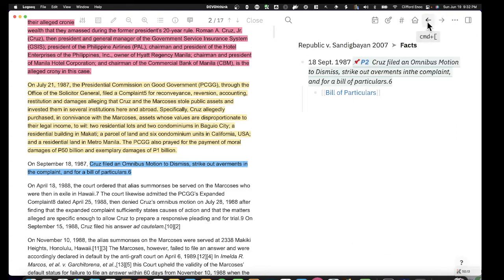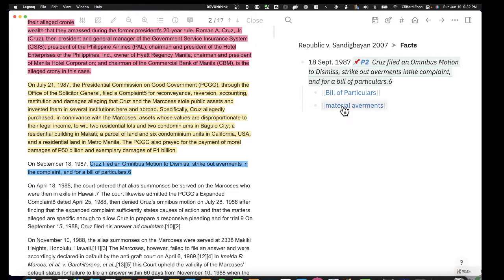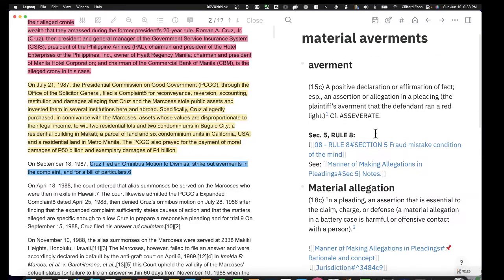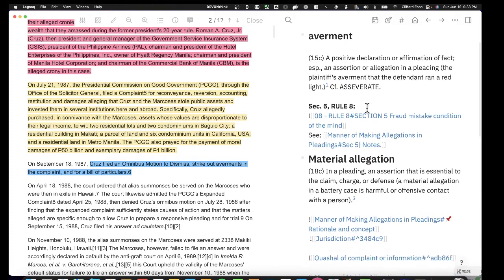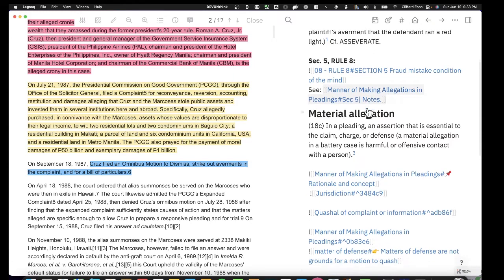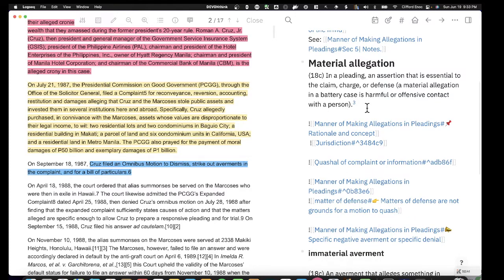Let's check the case. Bill of particulars, and then averments. I have a topic for averments. Averment, like material averments. Averment: a positive declaration or affirmation of fact. So, material allegation. In a pleading, an assertion that is essential to the claim, charge, or defense.